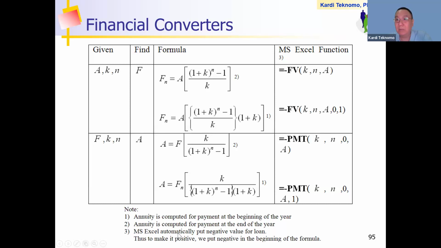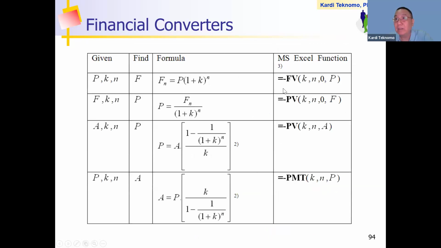I also put note number 3 in the Excel function: Excel will automatically put a negative value for the loan. So to make it positive, we need to put a negative in the beginning of the formula. So here I put a negative in each formula because this is basically a loan. I hope with this formula you can use it. It's just a simple calculator.